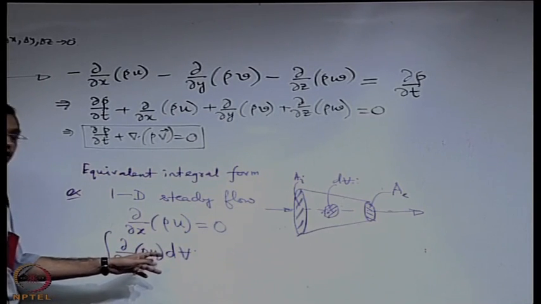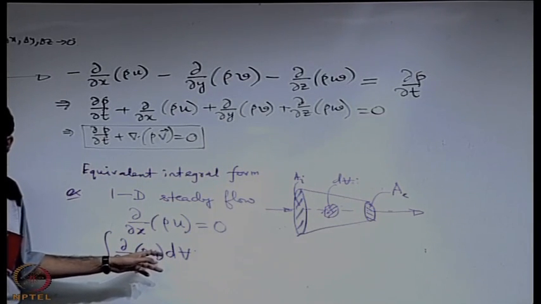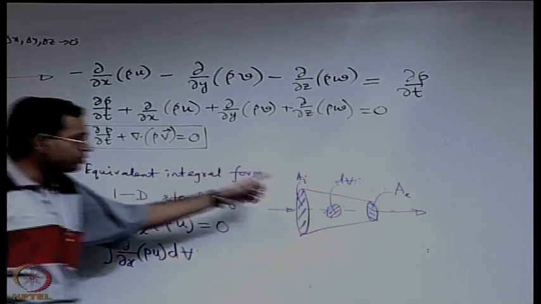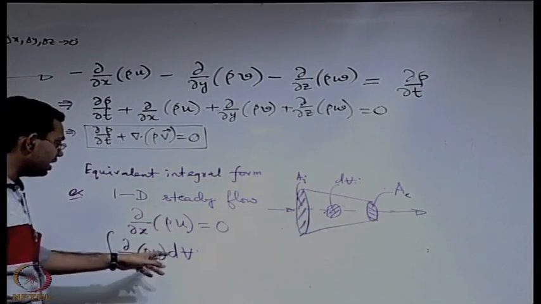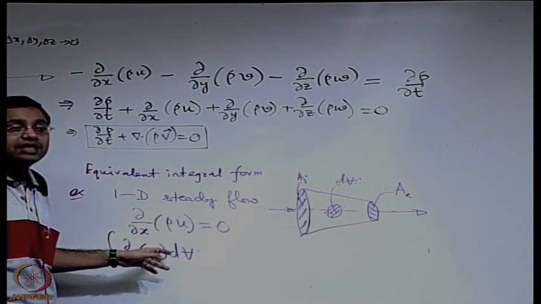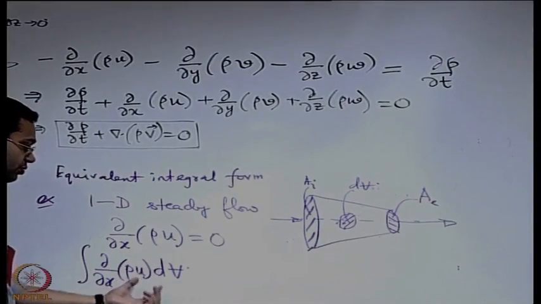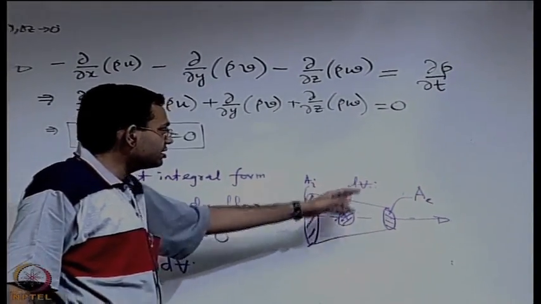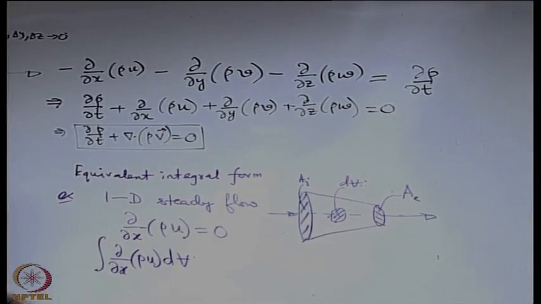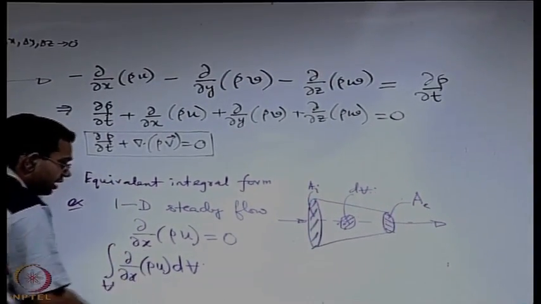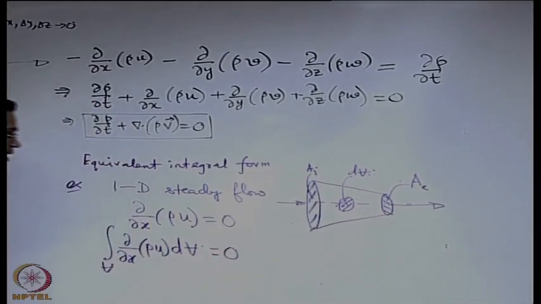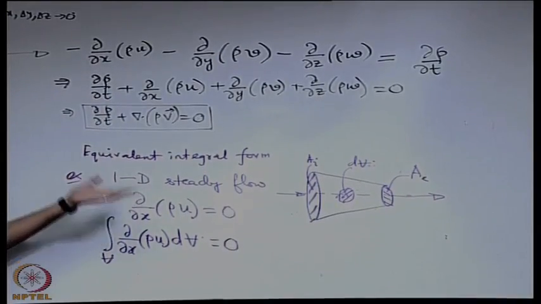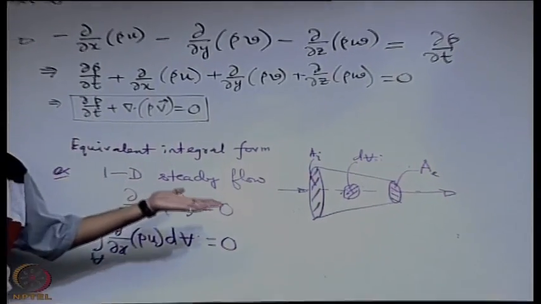Because u is spatially varying. So we are taking u at that particular x, and then we are integrating that over the entire volume by considering such elemental volumes. So that integrated over the entire volume should be equal to 0. It is very straightforward: if the function is 0, its integral should be 0.